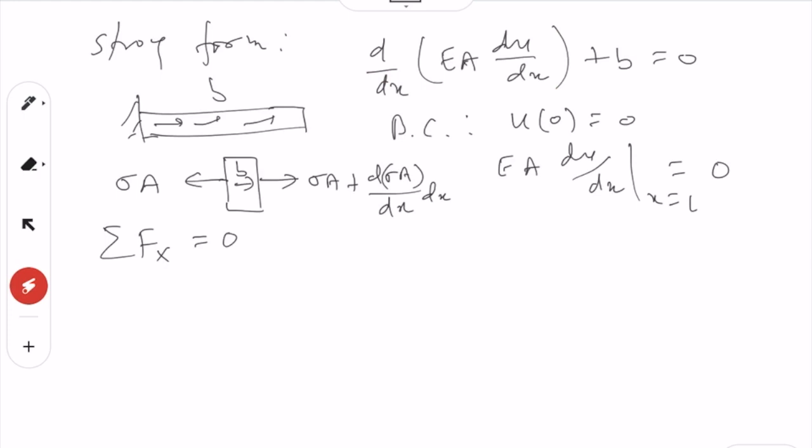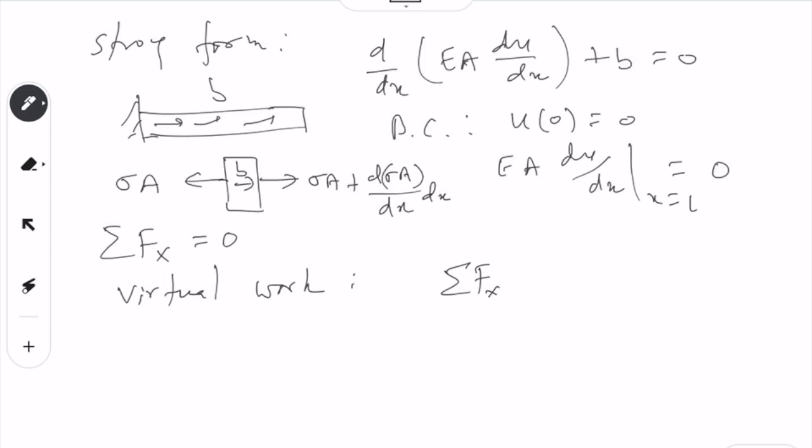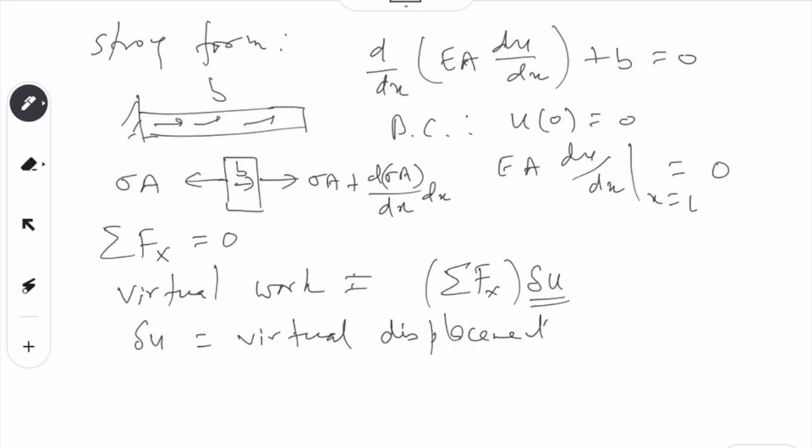Now, total force Fx, let us say it is not equal to 0, right. If it is not equal to 0, then what happens? Then there will be some work which is done, right. This is also known as the virtual work. So, virtual work is nothing but total force Fx multiplied by some virtual displacement, here del u, virtual displacement, right.